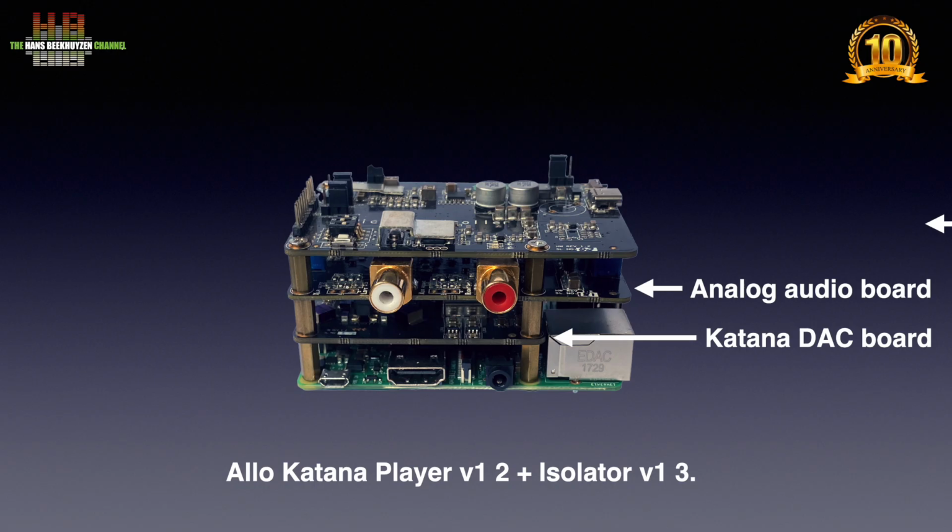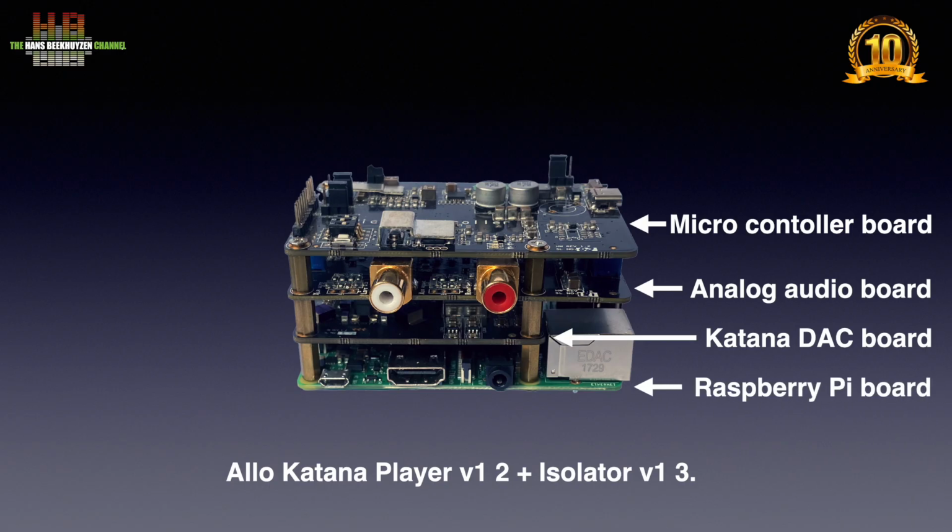They run on plus and minus 15 volts, so there also is a DC to DC conversion in the shape of low dropout voltage regulators. The third board holds the microcontroller that can be set to do a number of reconstruction filters by changing dip switch settings. The fourth board is of course the Raspberry Pi.